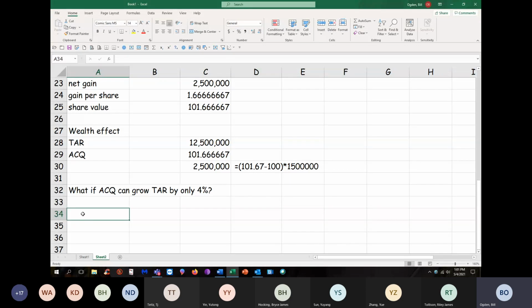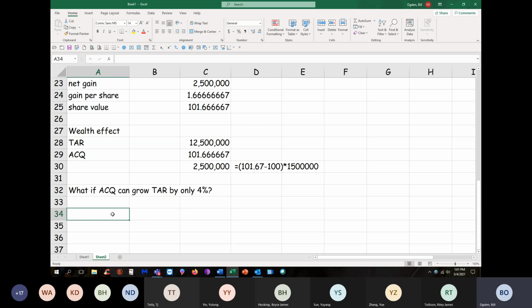What's the value? Again, I think the best way to do these is to find the price. So if it turns out that ACQ can grow TAR at only 4%, it'd take the market a little while to see that, but maybe not real long. You get some analysts who've been tracking both companies and they finally say they can't do that. And it turns out that they couldn't. So let's say the 4% is there. How would the market adjust the price on ACQ? Keep in mind, TAR doesn't exist anymore.